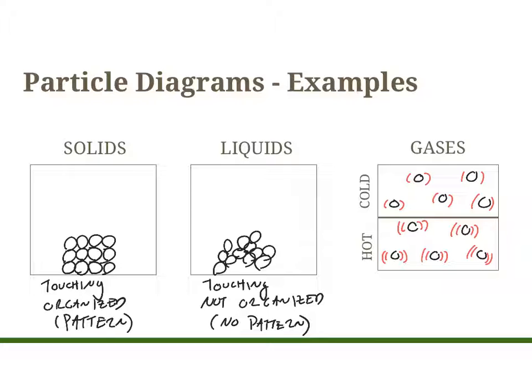Now, should the liquids have motion marks? Probably, yeah. Should the solids have motion marks? Yes, but they should be even less. So if the liquid has some motion marks, the solids would have even less. But all of the particles have some kinetic energy.